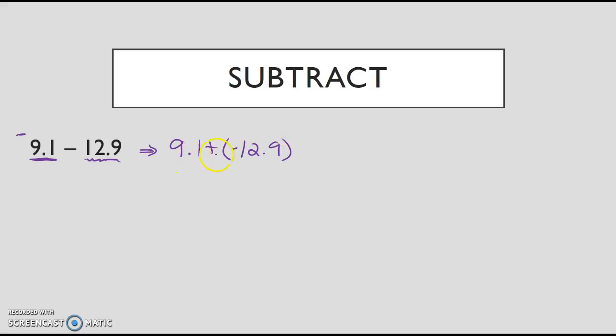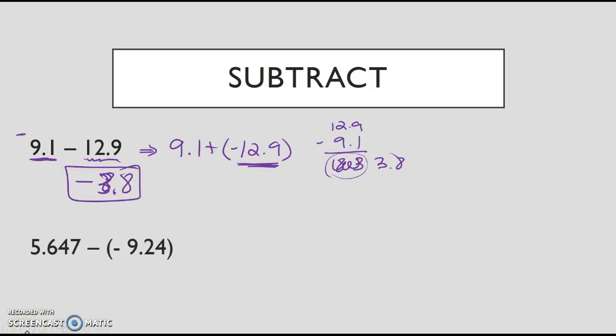So when we're adding numbers with different signs, we take the larger value, 12.9, and we're going to subtract the smaller value, which is 9.1. And that answer there, we use the sign of the larger value. So our answer is actually negative. It should be 3.8. Negative 3.8.